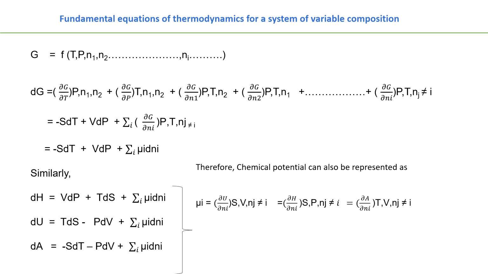So definitely matter and energy can't be transferred through this boundary, but chemical reaction can occur. So the composition of the species within the system will also vary. Therefore, these systems are known as systems of variable composition. Therefore, the laws of thermodynamics applicable to the open system are equally applicable to the system of variable composition.